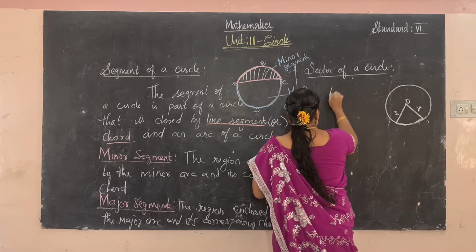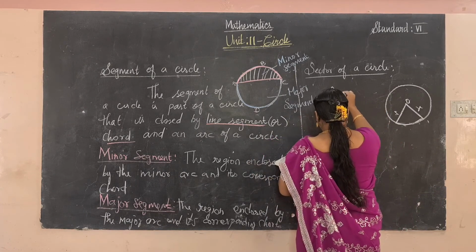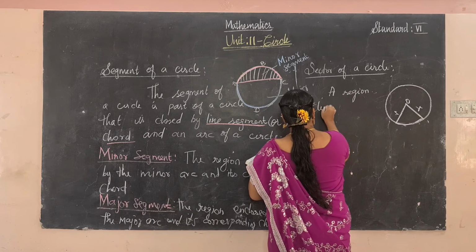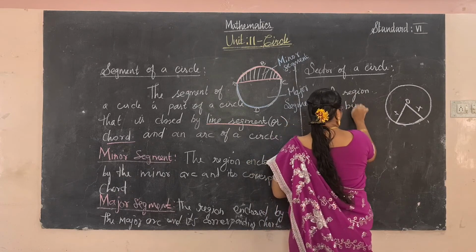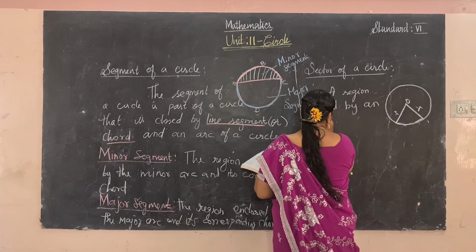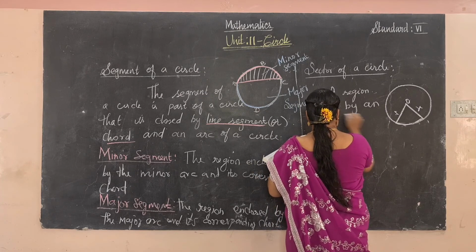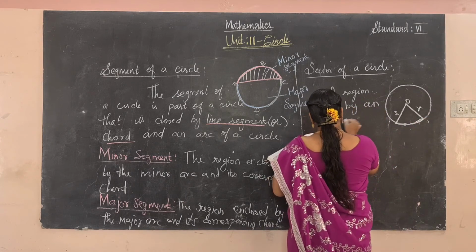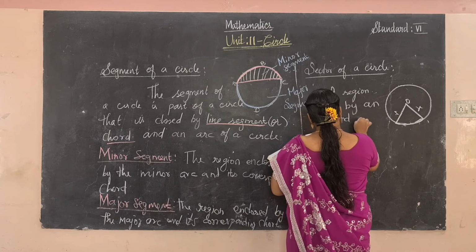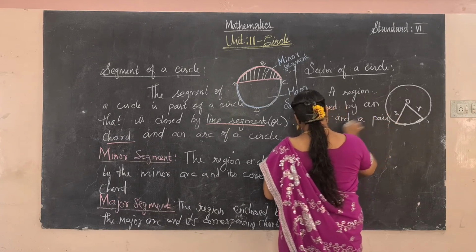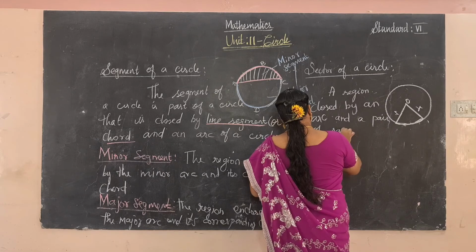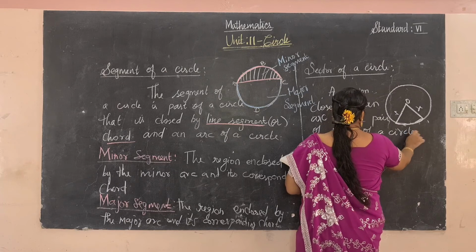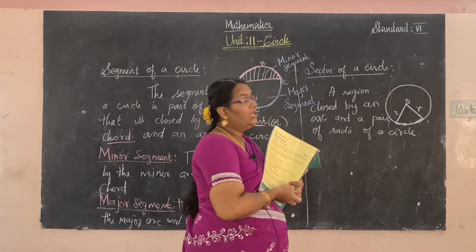So the sector of the circle means a region closed by an arc and a pair of radii of a circle.